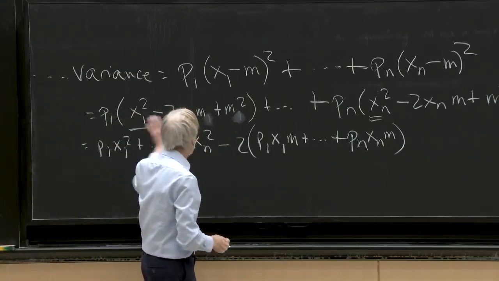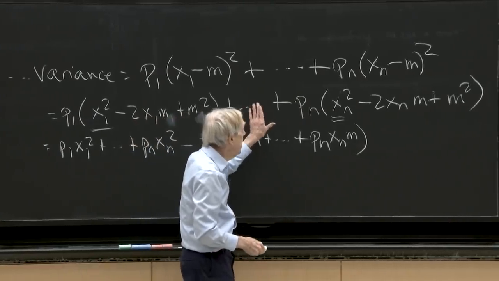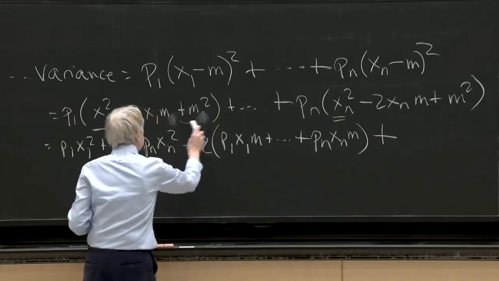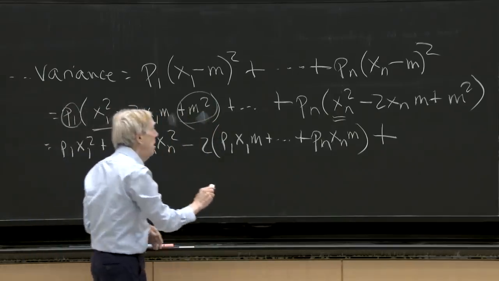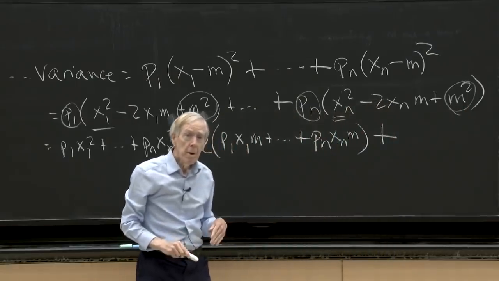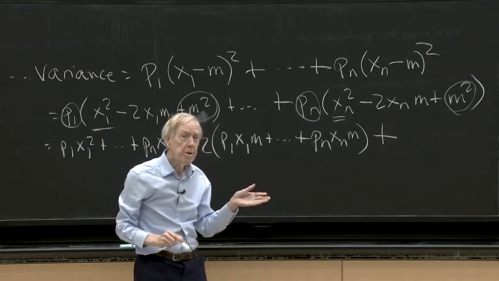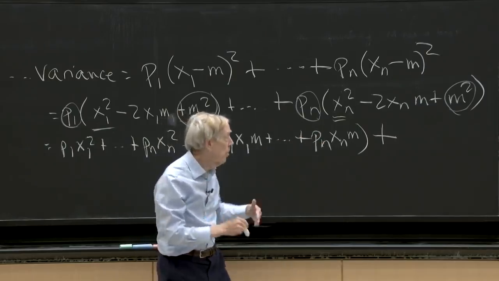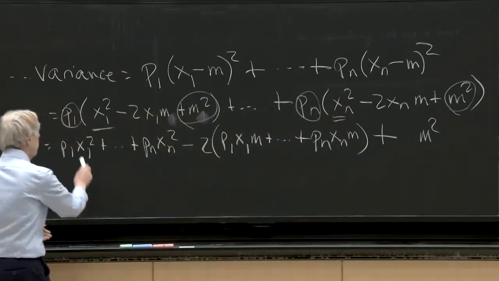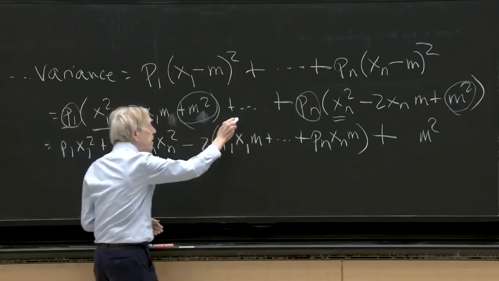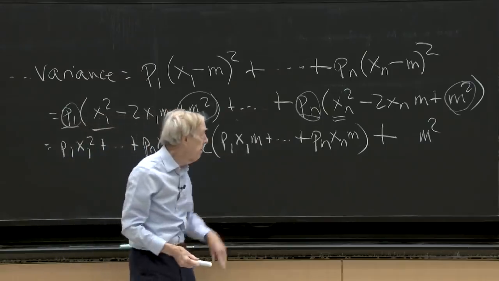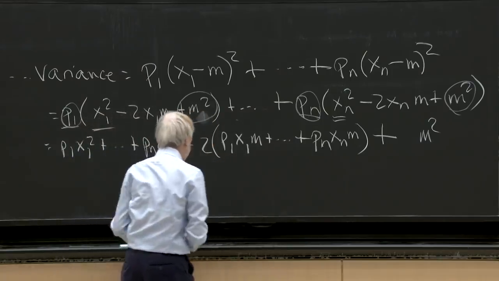So now I have p1 M squared plus p2 M squared plus up to pn M squared. Are you with me? So M squared is in every term. So I'm going to have an M squared, and what's it multiplied by? p1 here, p2 here, pn here. I add those up and I get 1. So that's it. Okay, and now I'll just simplify this.